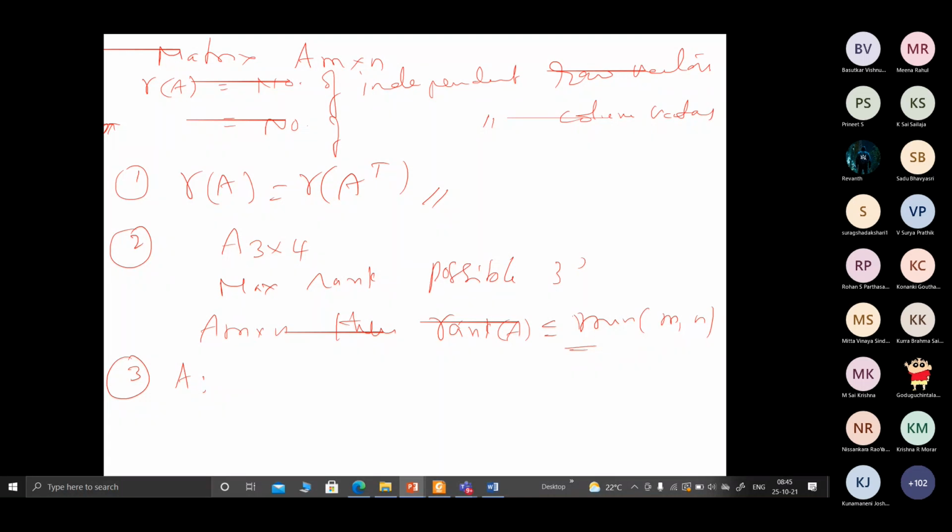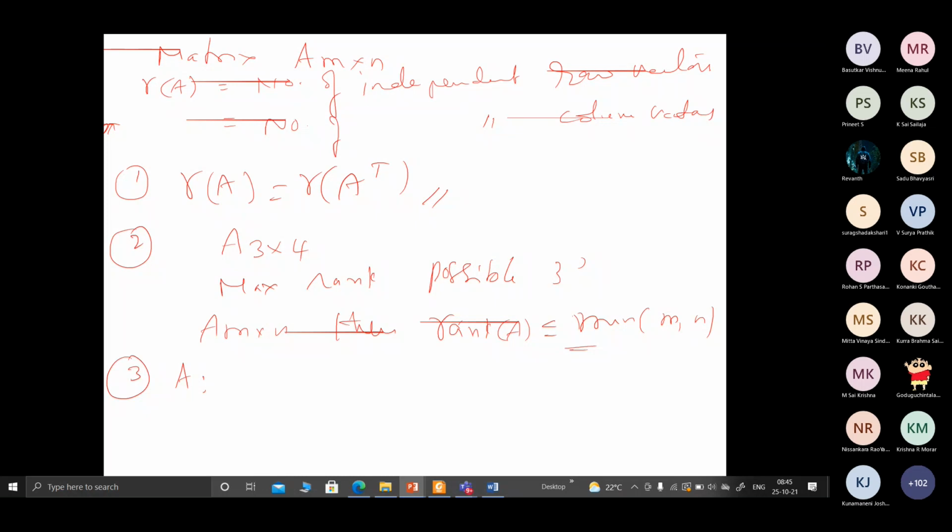Okay. Above I have written maximum rank, and here I have written minimum. Is that your confusion?